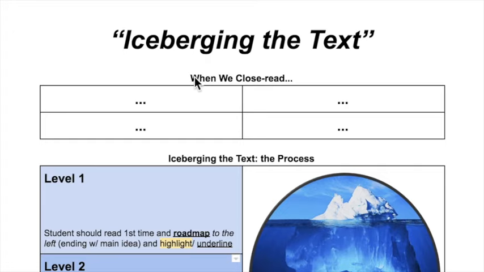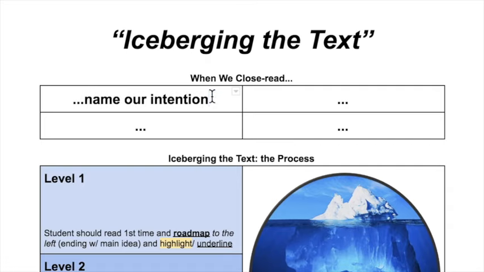When we close read, something that's really important is that we do these four things before we even get started, as students, but also as a teacher leading this. The first thing is we name our intention.